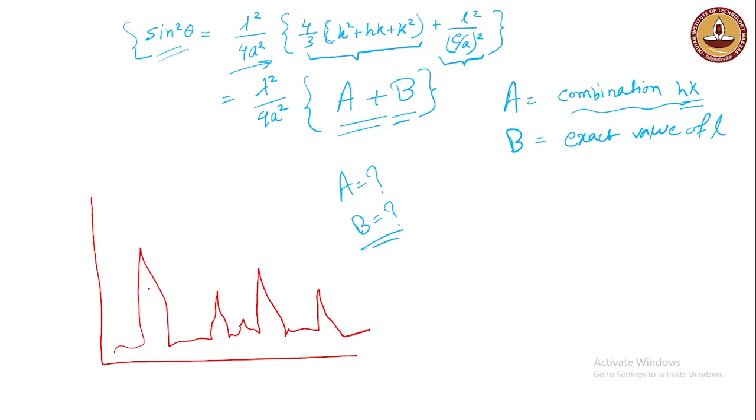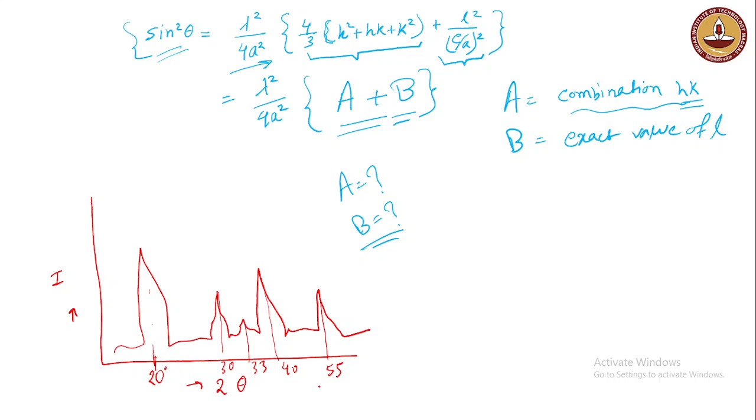Corresponding to this, in this direction we have 2 theta, and in this direction we have intensity. So corresponding to 2 theta, let's say any value: 20 degree, 30 degree, 33 degree, 40 degree, 55 degree.